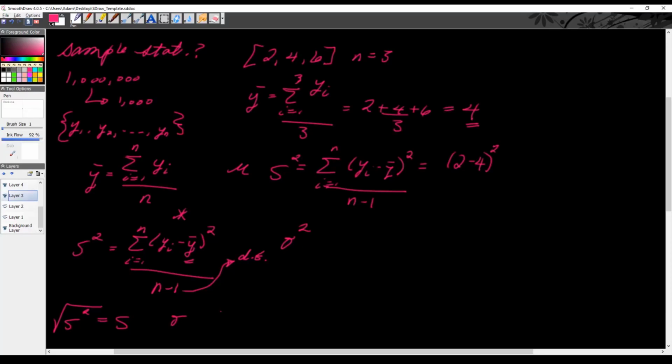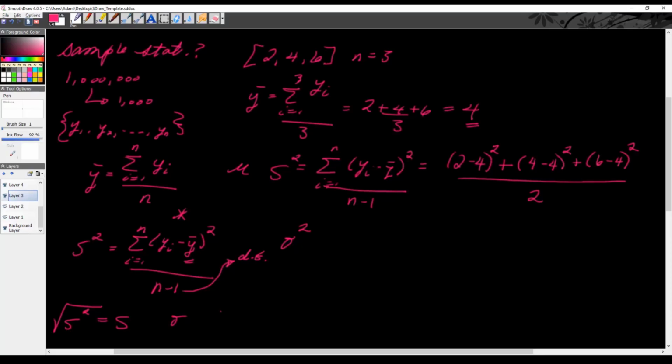So 2 minus 4 squared plus, you just perform this process, take a difference and square it for each observation. So 4 minus 4 squared plus 6 minus 4 squared, and we divide that by n minus 1, or 3 minus 1, which is 2.